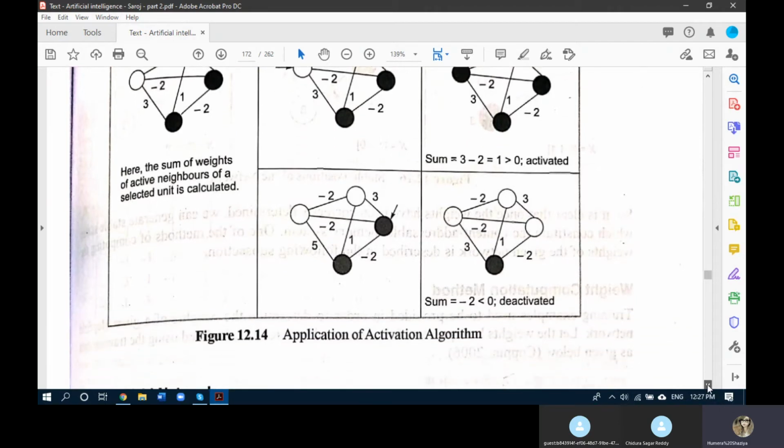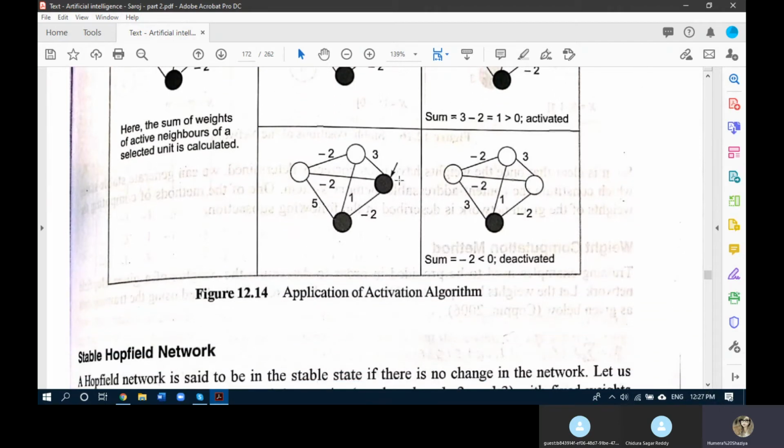If you consider this example, here this black node is chosen randomly to figure out what its state is, what its activation is. Essentially, it is connected to 3 units.